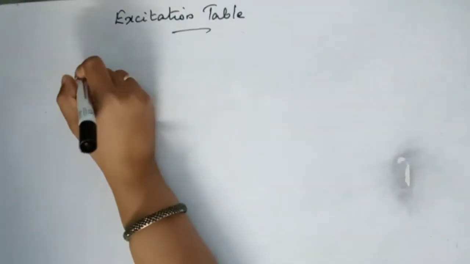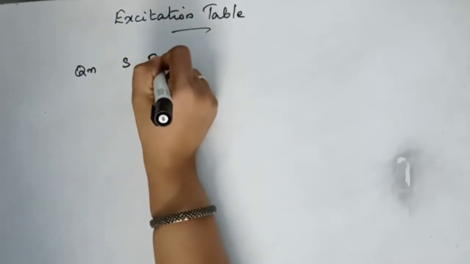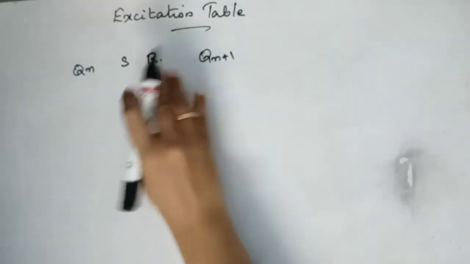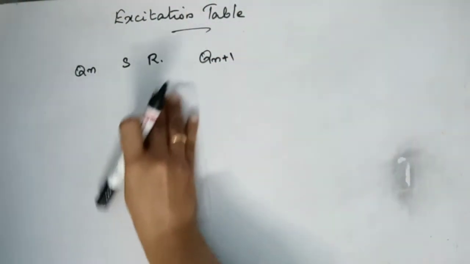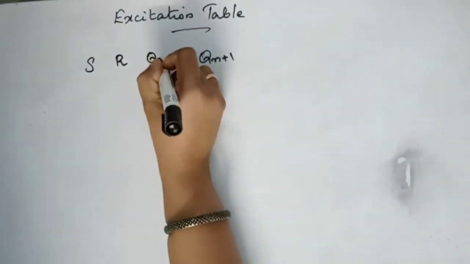So we'll write the characteristic table of the SR flip-flop, just writing it like this so that it's easy to write the excitation table. We are writing Qn here.